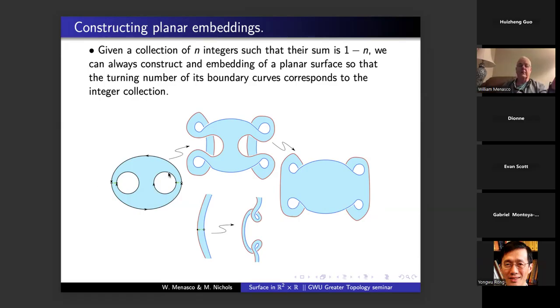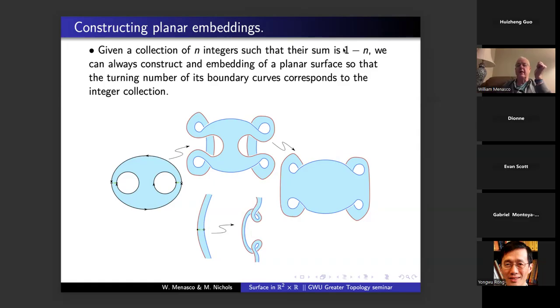The Euler characteristic of the pair of pants is minus 1. Over here you've got minus 1 plus 1 plus 1 minus 1, which adds up to minus 1. And here you've got now plus 1 minus 3. So by cutting along here and putting in these little twists, I can make this anything.